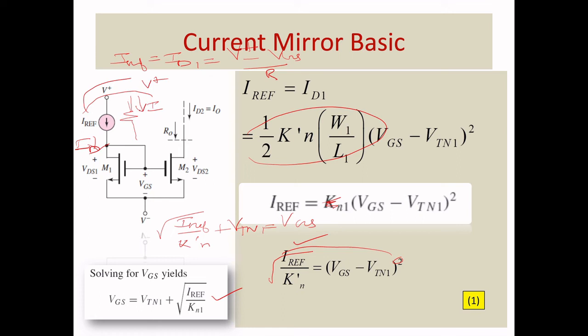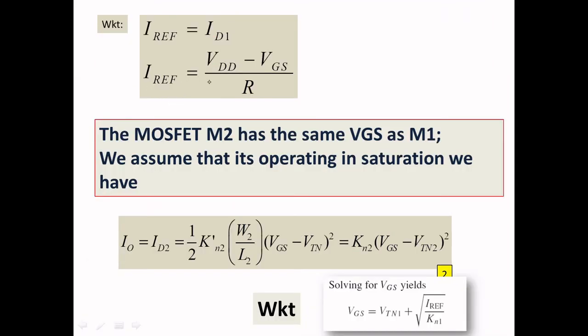I want to find the current, that is V plus minus VGS divided by R. With that I can find the current across this resistor. So what you will get? IREF equal to VDD minus VGS by R. That is why it was written like this. This will be very useful when you are solving the numericals.